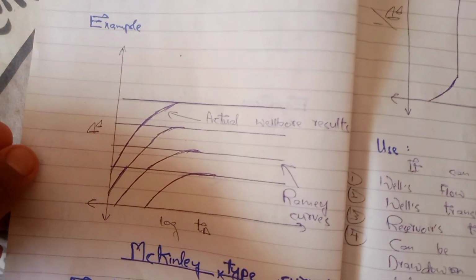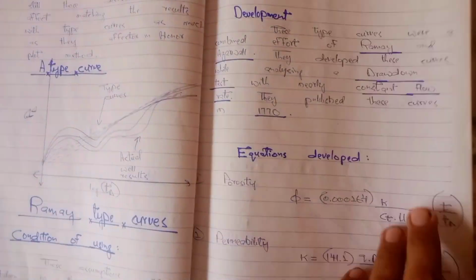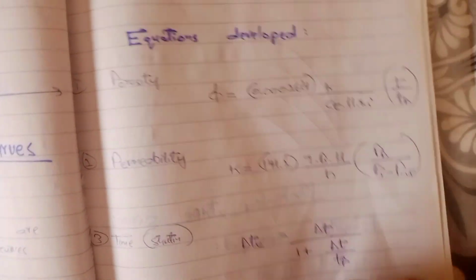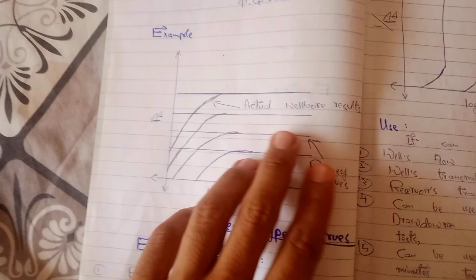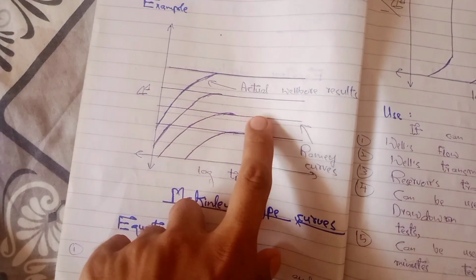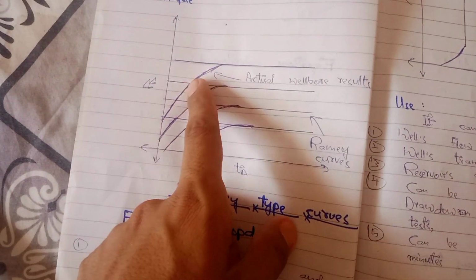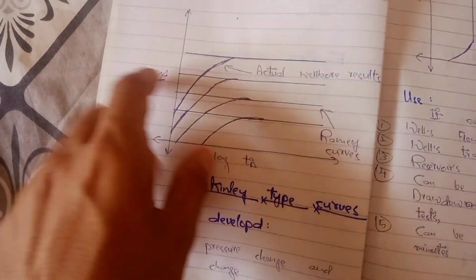And what he did was he just shifted all these equations into a graphical format, in the form of these horizontal lines. These horizontal lines represent Rame curves, and these are the actual results of the well. So I think you got an idea what type curves are.